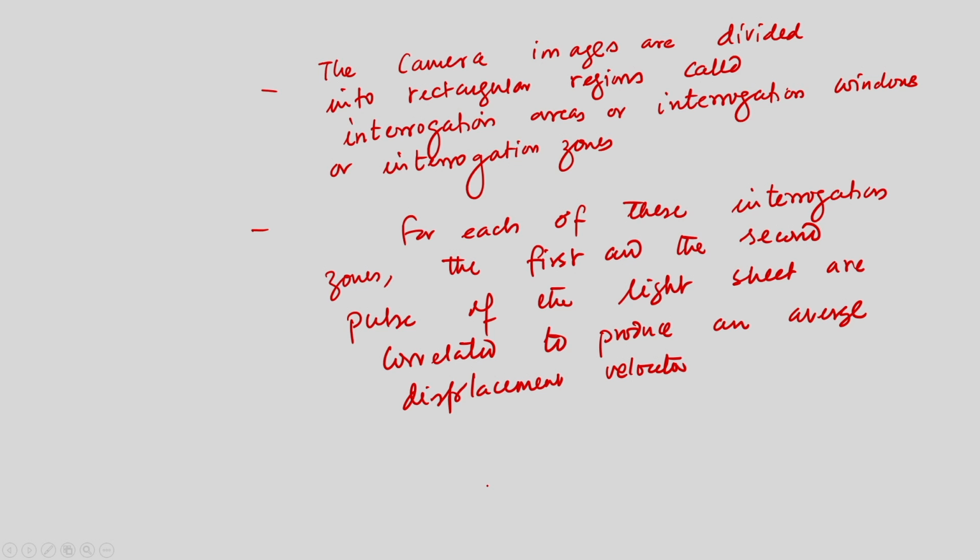Right. So, that means for each of these interrogation zones, the first and the second pulse of the light sheet are correlated to produce an average displacement vector.